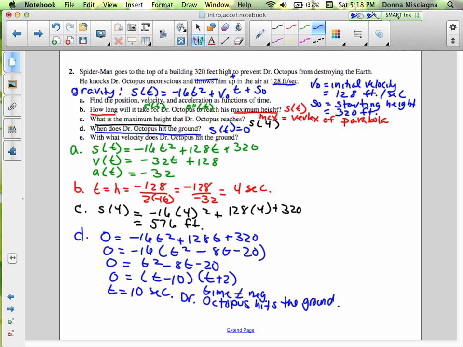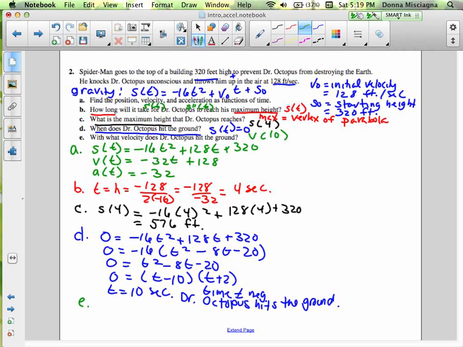All right, and with what velocity does Dr. Octopus hit the ground? Our last question. We're going to find v of 4. Oh, excuse me, v of 10, the time it takes him to hit the ground. And we want to know what velocity he's hitting the ground at. Now we're expecting a negative answer, because he's going down.